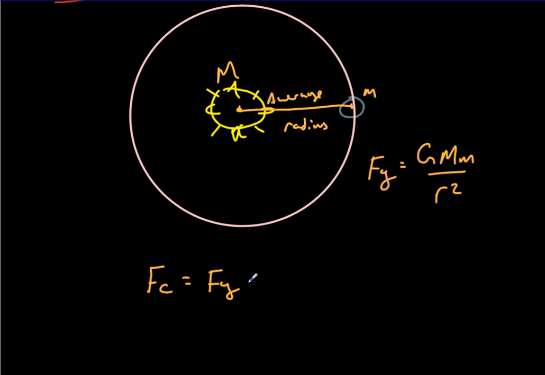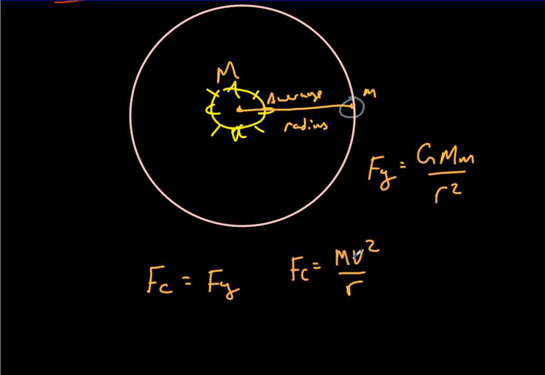We had a couple of different ways of indicating a centripetal force, did we not? Do you remember what they are? We represented centripetal force like this. Can someone tell me how we did it? No, you can't? Well, don't worry, I'll remember for you. mv squared over r, right?